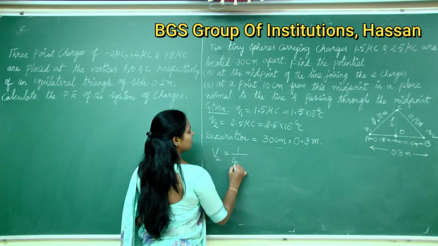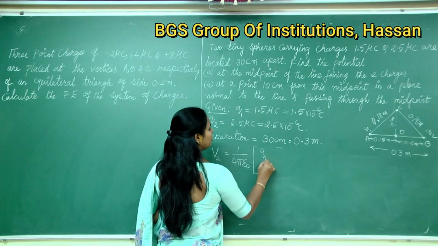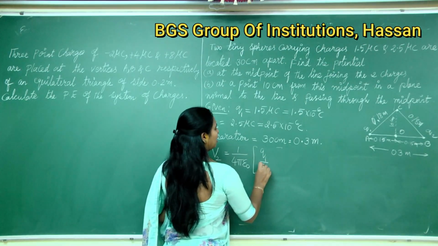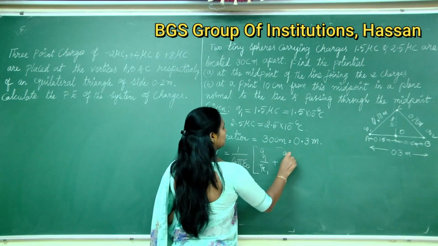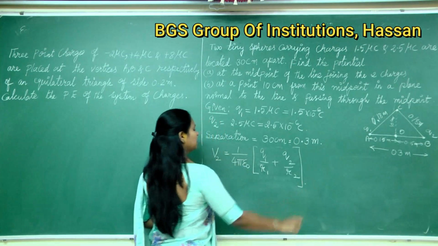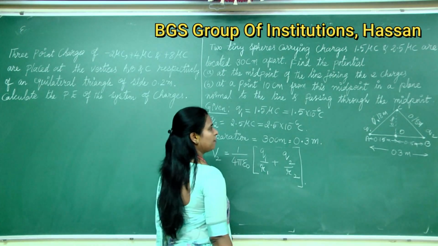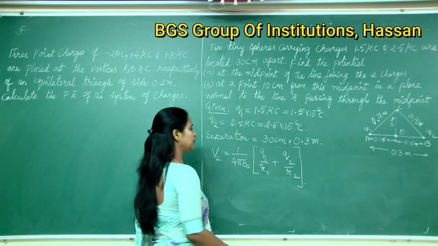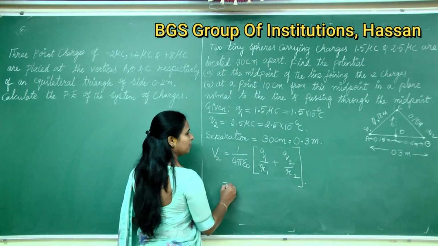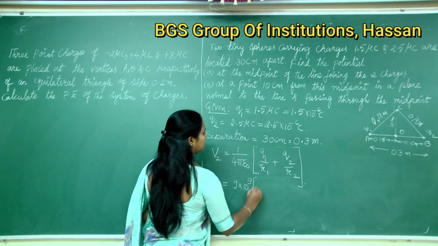and write the formula, and let us take it as V2. V2 equals 1 by 4 pi epsilon naught Q1 by R1 plus Q2 by R2. So again we have R1 and R2 equals to the same value, and which is 18 centimeter, and substitute the value. 1 by 4 pi epsilon naught is 9 into 10 power 9.